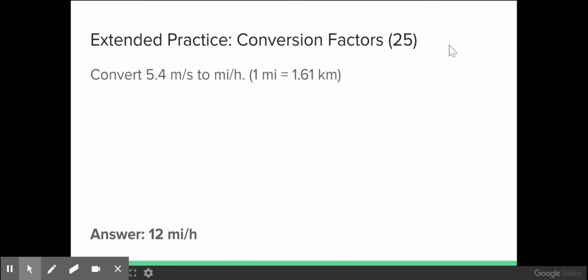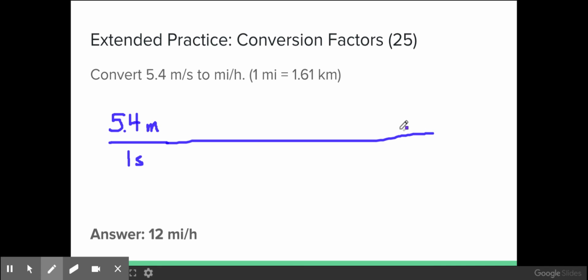To convert meters per second to miles per hour, I do pretty much the same thing. 5.4 meters per 1 second. To get rid of meters into a more useful unit, 1,000 meters are the same as 1 kilometer.